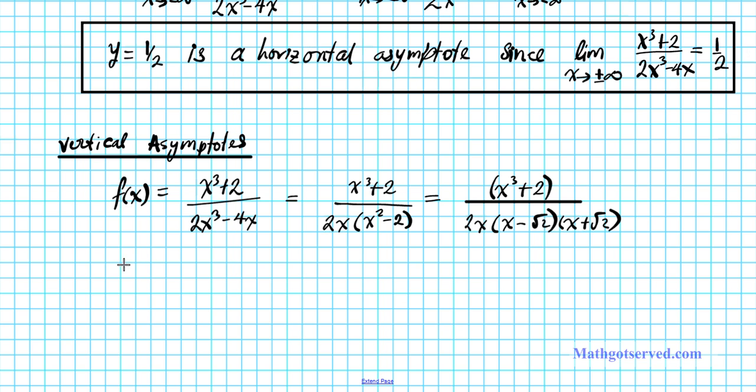Alright, so to find our vertical asymptotes, we just take the factors in the denominator, set them to 0, solve for x, and those will be my vertical asymptotes. Okay, so from the first one, just divide both sides by 2, x equals 0 is your first vertical asymptote. This one, add root 2 to both sides, x equals root 2 is a vertical asymptote, and then lastly, x equals negative root 2 is a vertical asymptote.